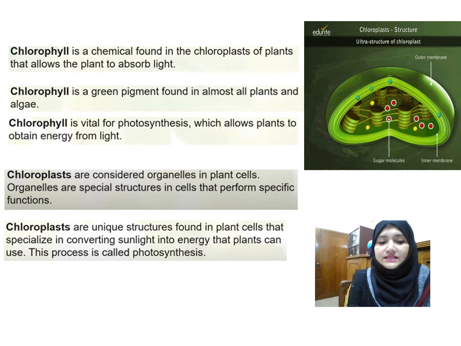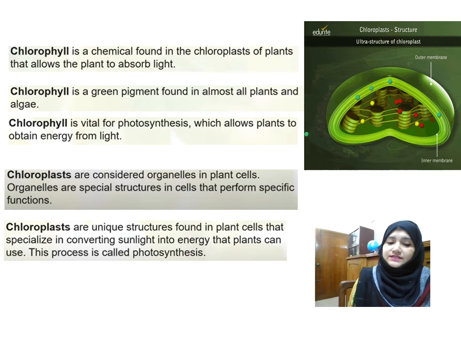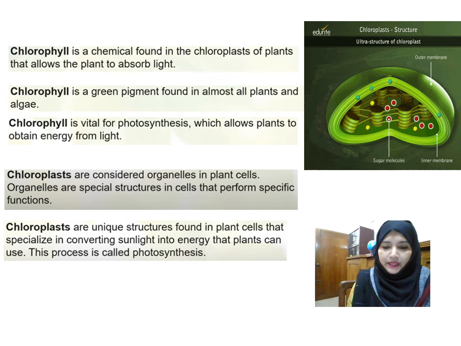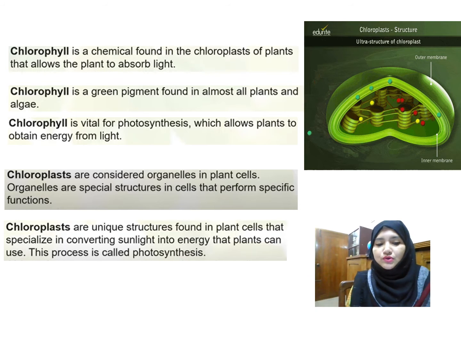Organelles are special structures in cells that perform specific functions, and chloroplasts are unique structures found in plant cells that specialize in converting sunlight into energy that plants can use. This process is called photosynthesis. That means for photosynthesis, chloroplasts are very vital.